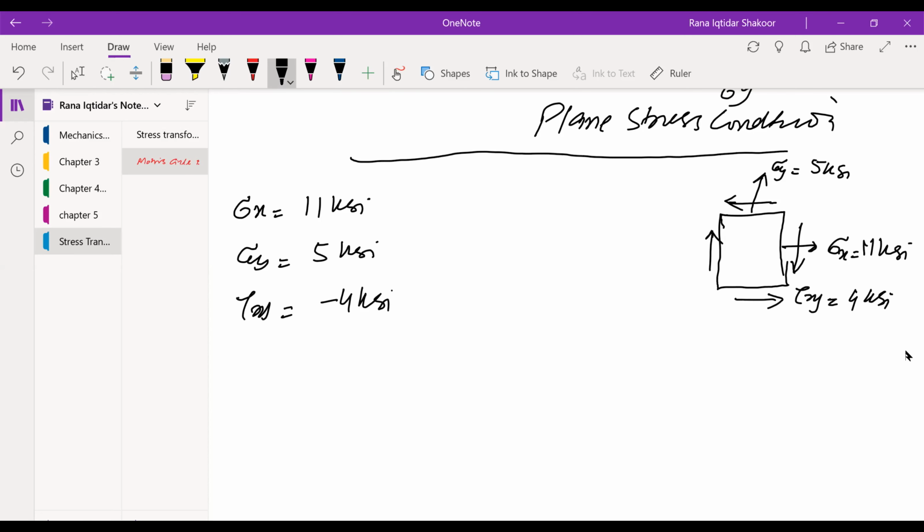Why is it minus 4? If you remember, in chapter 5 we have already discussed that this is a negative condition for the shear stress, because it is going up, it is going down. Or another way we can say that shear stress is always negative when it creates a clockwise direction, right?